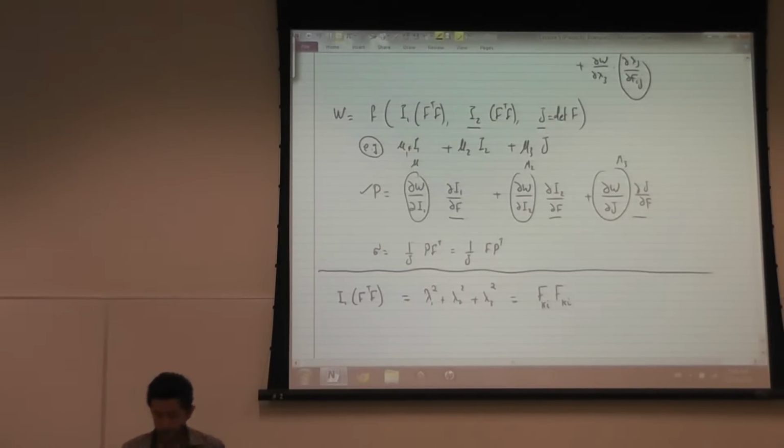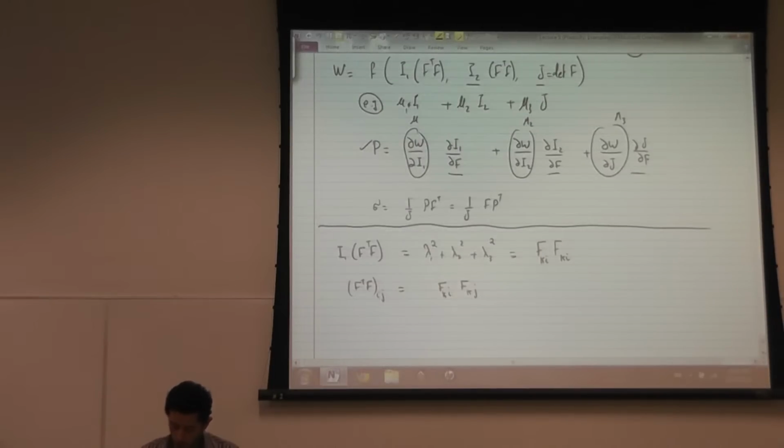F transpose F, in components, this is J, and the I should come at the beginning, but because it's transposed, it's going to be at the end. So KK.